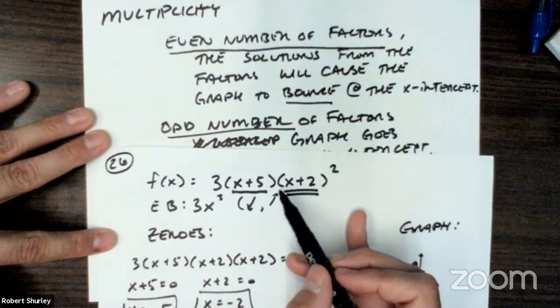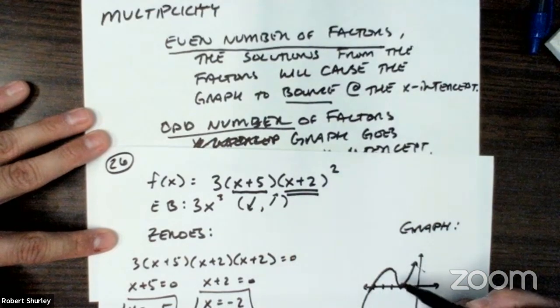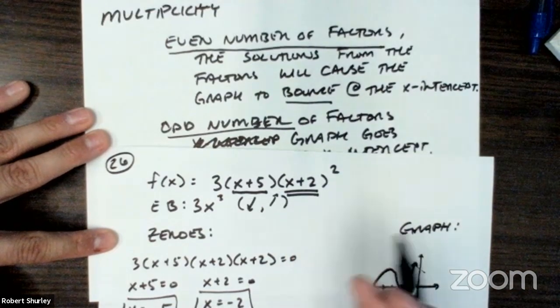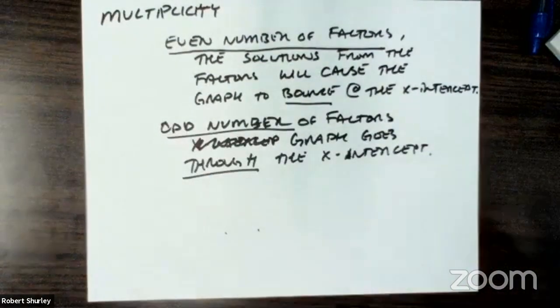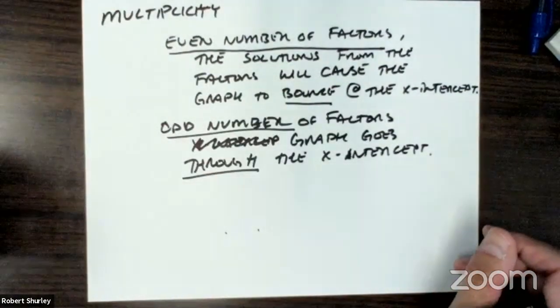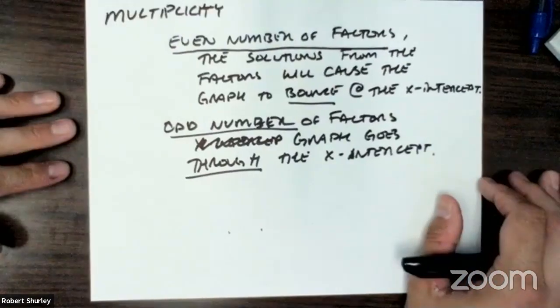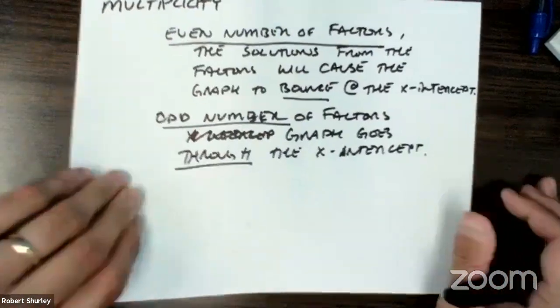X plus 2, since it happens twice, it's going to bounce where the x-intercept is created by that solution. Okay, that's all that's saying. We've already done it. I just feel like I had to define it horribly for you today. And I want to quickly get this off the screen before it looks even worse sitting there longer.